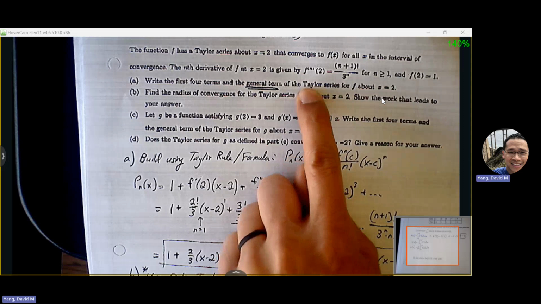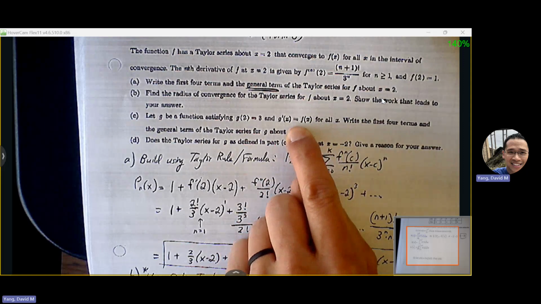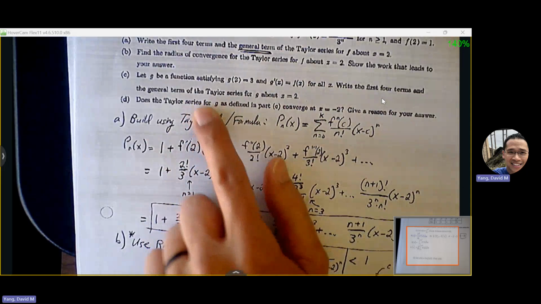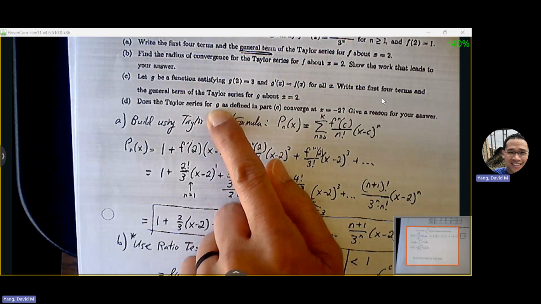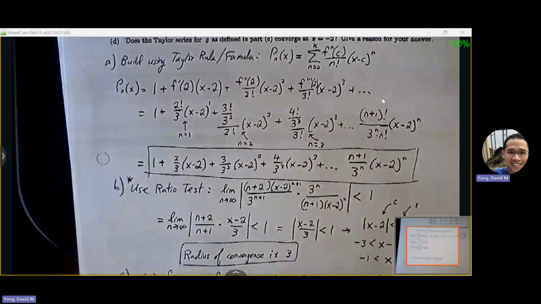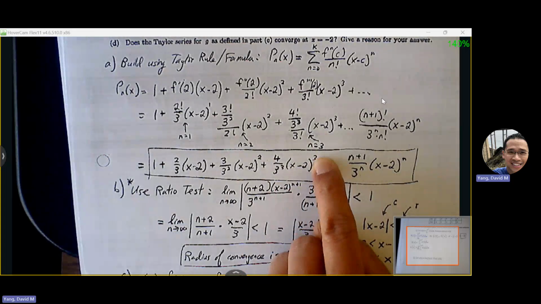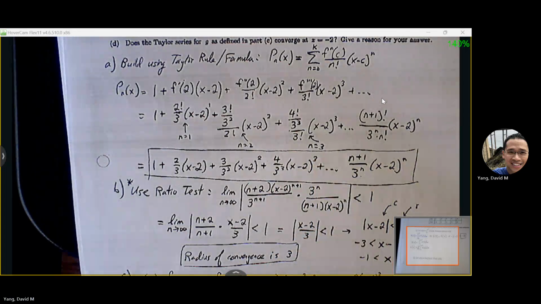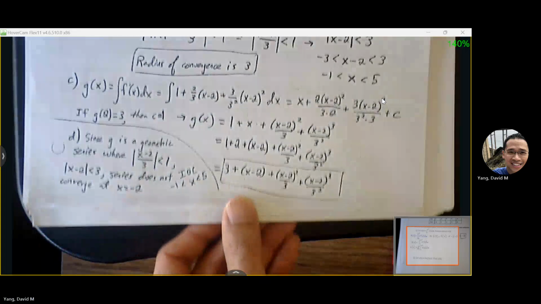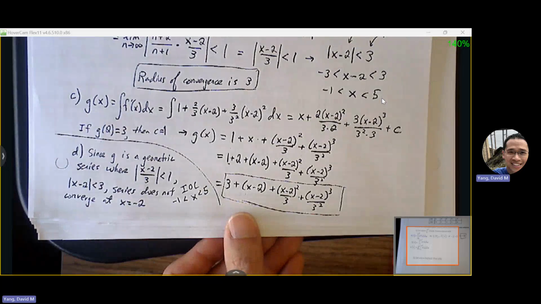This is our G prime, because G prime equals F. So then the antiderivative of G prime will get us up to G. So we just take the antiderivative of this to bring it up from G prime to G.